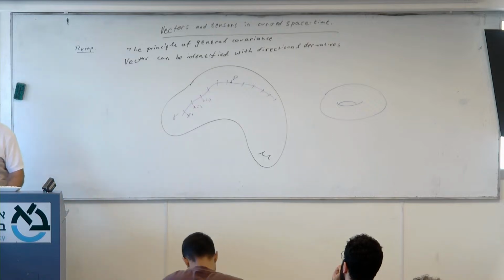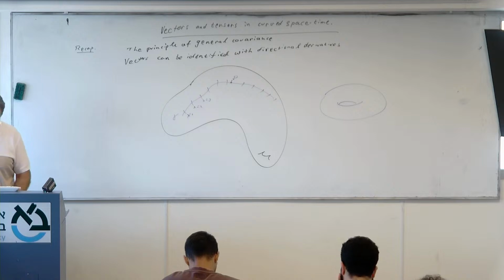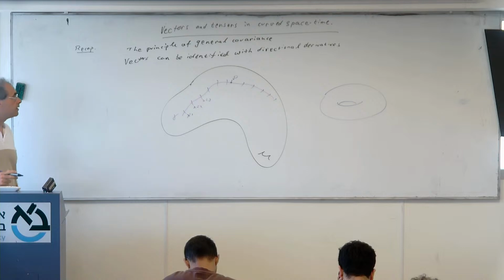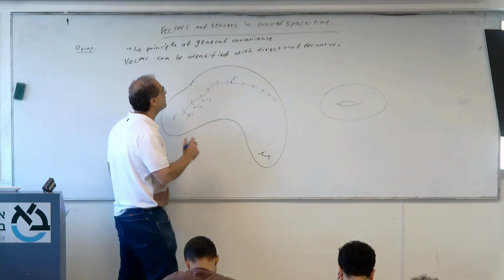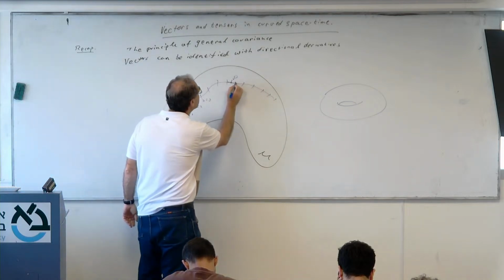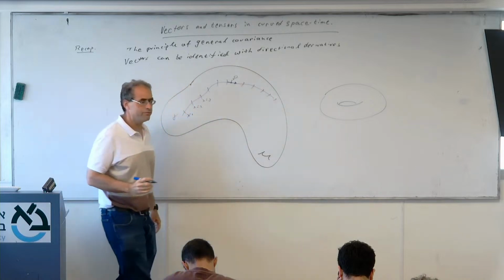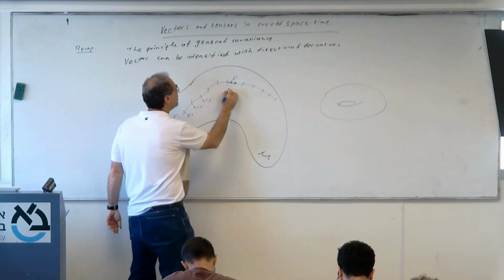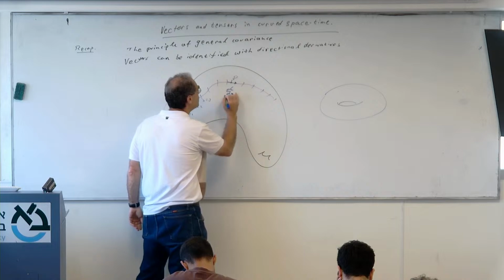And then at the point P, I can specify a vector to be the tangent vector. Essentially, it will be the tangent vector to a curve, so it will be d/d lambda.